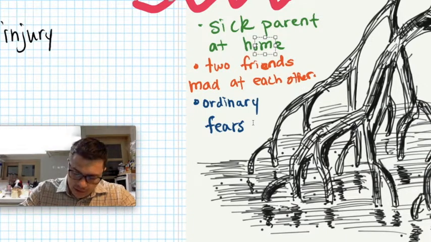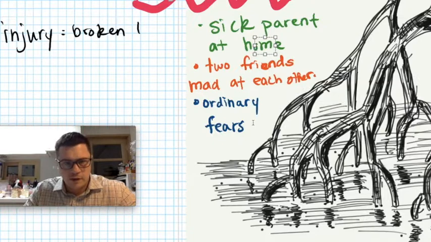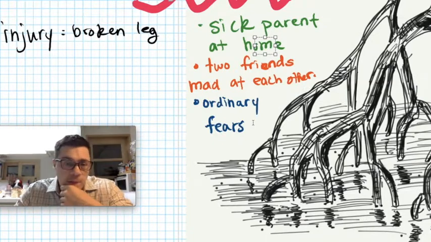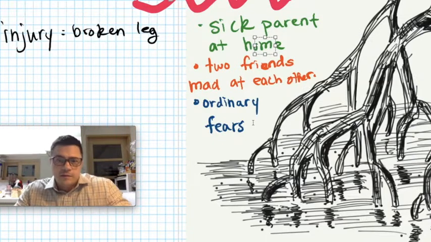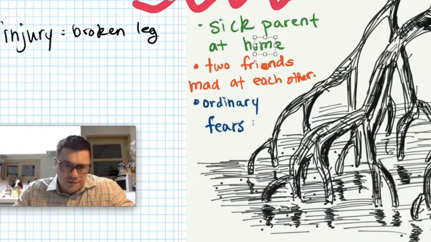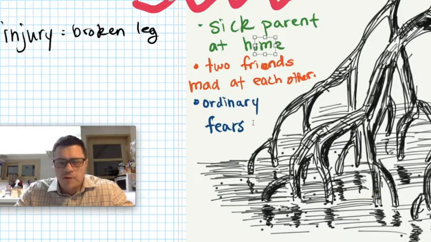This could be a broken leg, broken foot, broken arm, any kind of injury. Maybe you've had that experience, maybe not, where you've had to sit at home, or you can't do things the same as everyone else because you have this injury.